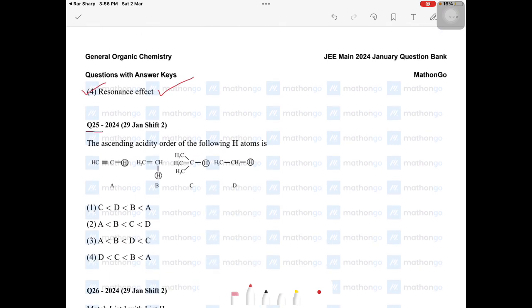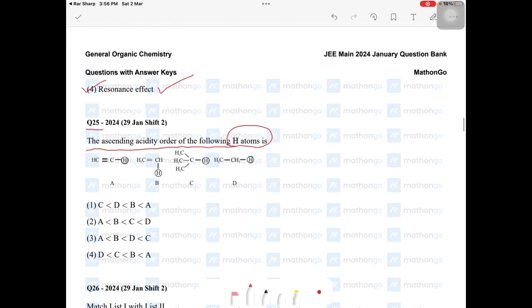Question number 25. The ascending acidity order of the following hydrogen atoms. So here sp hydrogen atom, attached to sp carbon, is more acidic than sp2, then sp3. So here it is sp carbon, sp2 carbon, these two are sp3 and sp3.